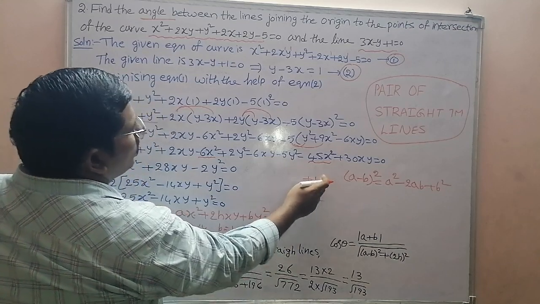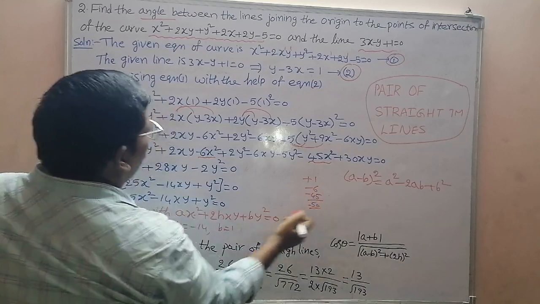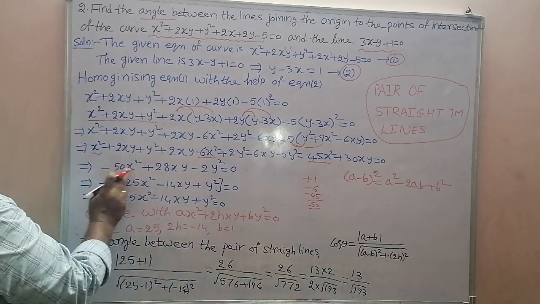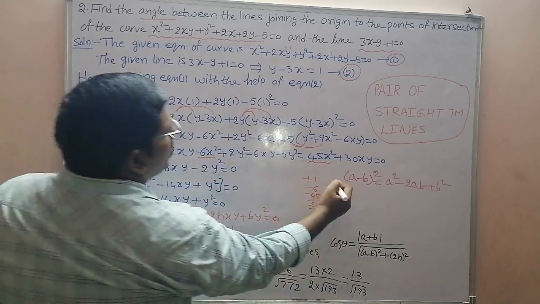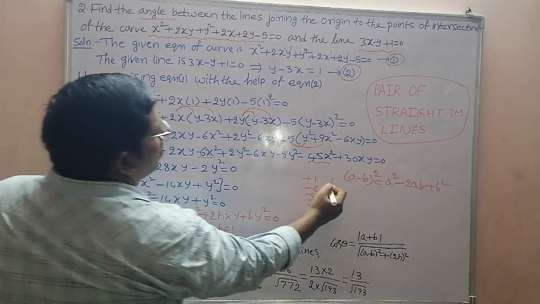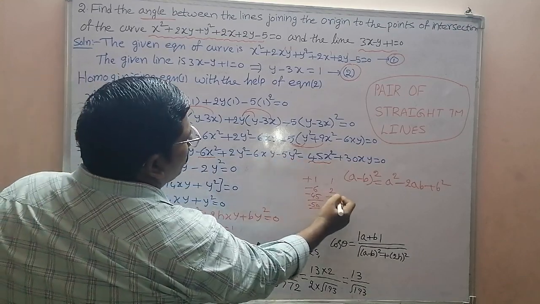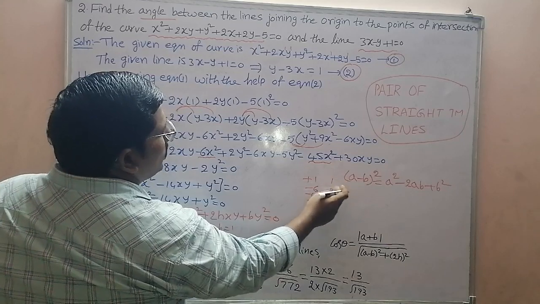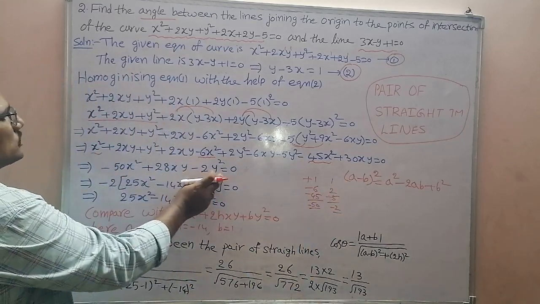Negative terms total minus 51, plus 1, the final answer is minus 50x square. For y square, the coefficients are 1, plus 2 and minus 5. That means 1 plus 2 is 3, 3 minus 5 is minus 2. So minus 2y square.